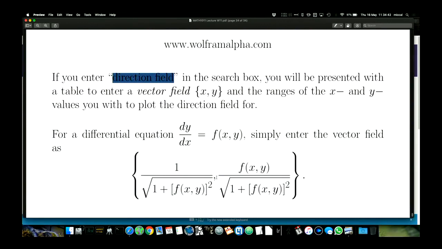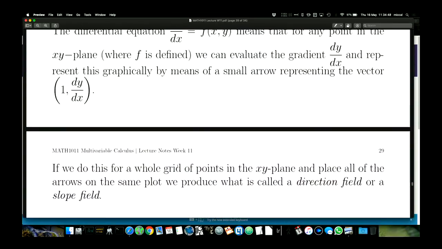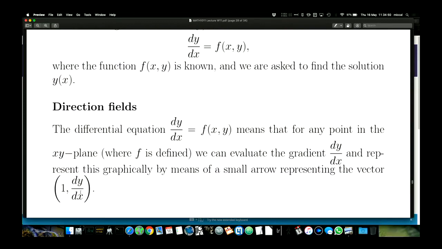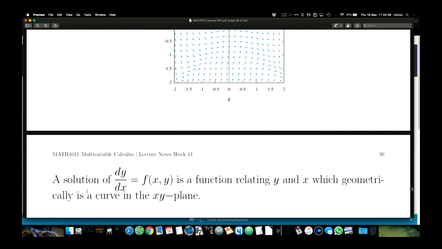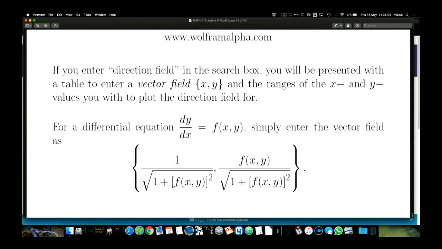The length of this vector is the square root of 1 plus dy/dx all squared. So if you enter it like that, I'm making it a unit vector.